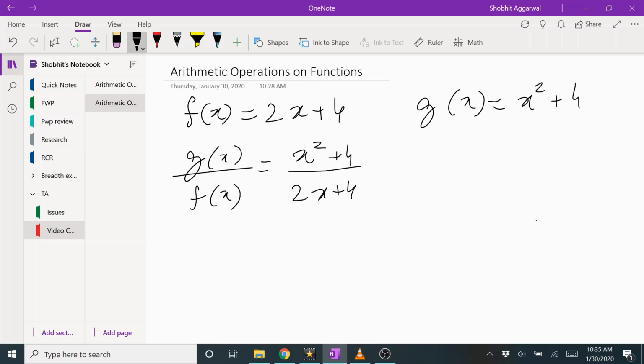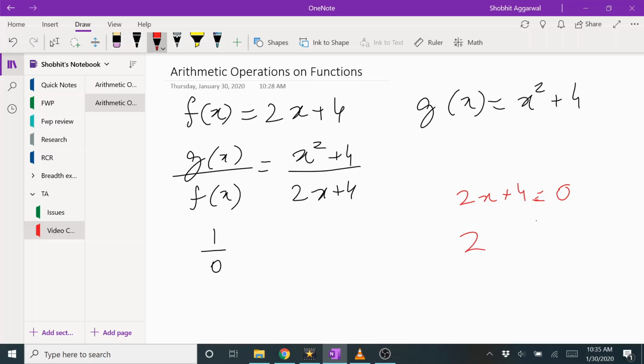So now we have to find the domain of this function. So we have to find the values of x where the denominator becomes 0. How we'll find this is, we will set the denominator equal to 0. So 2x plus 4 equals 0.